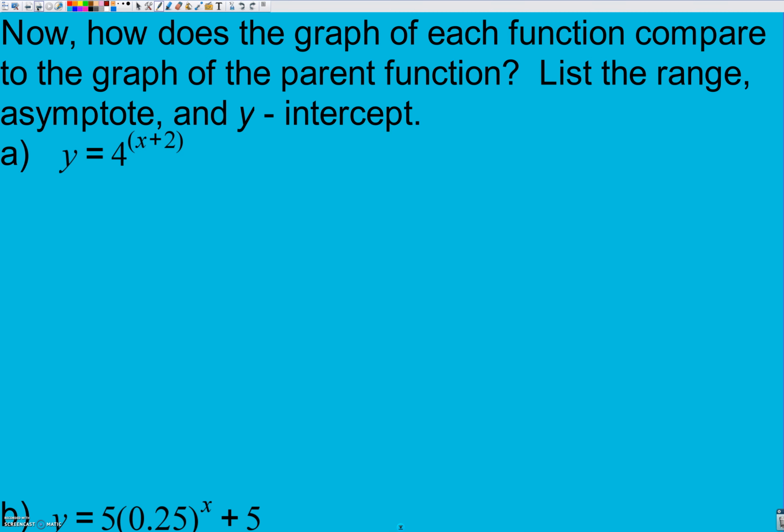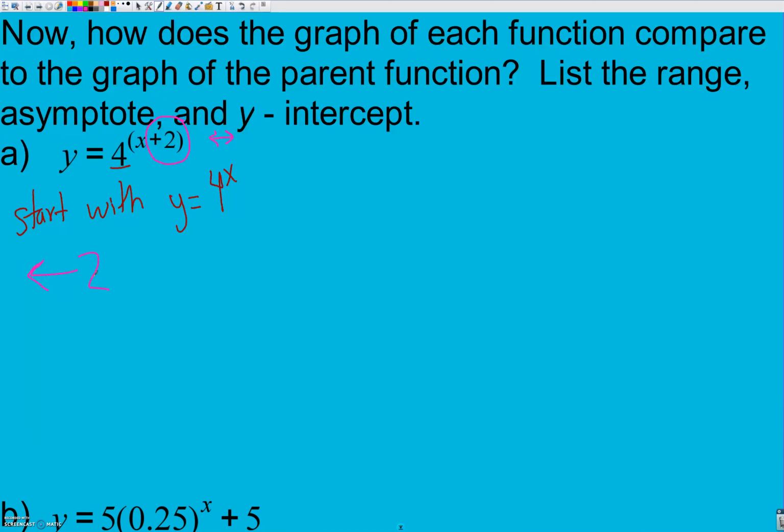Okay, first of all, our transformations. So we're going to start off with our parent function, y equals b, which here is 4, to the x power. Now we have a plus 2 in with the x. So since it's inside with the x, it's going to be left and right. Since it's a plus 2, it's going to go left 2.